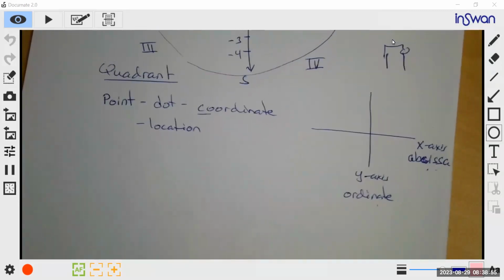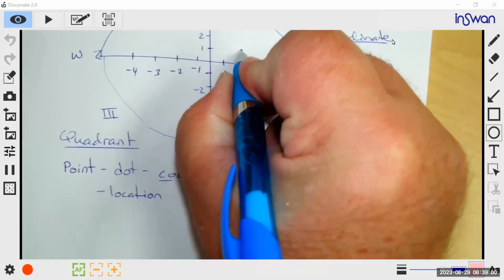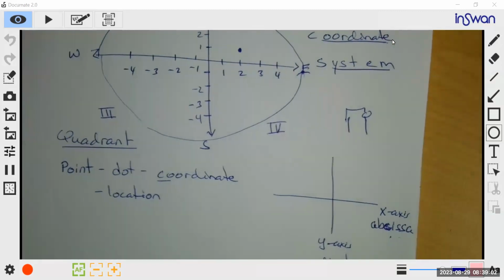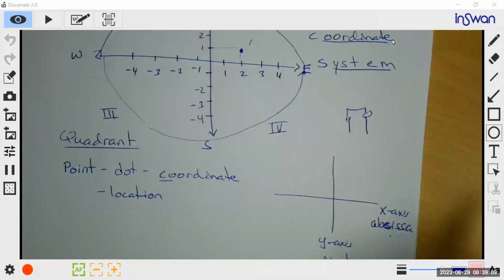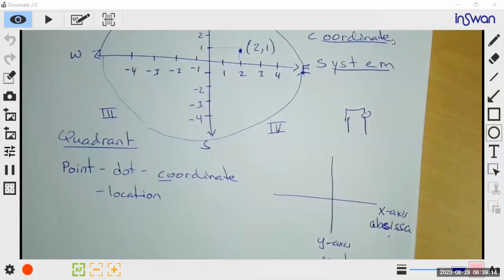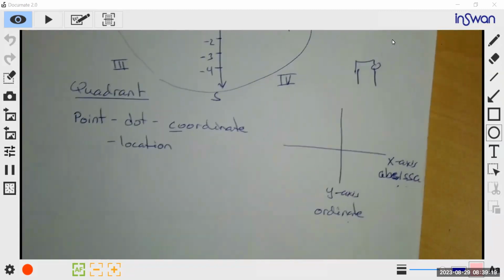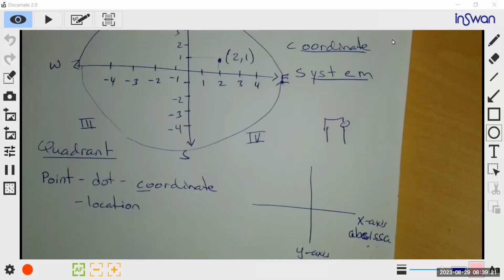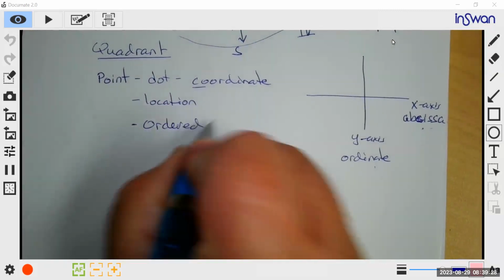So any dot we put on there, so if I gave you this dot here, what's that location? So how do I write 2, 1? Right. What do we call that? And it's not any of these words, no cheating. Very good. It's called an ordered pair.